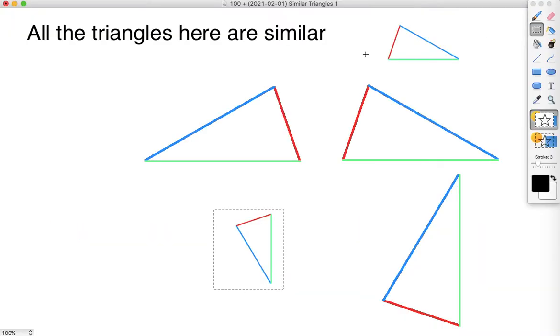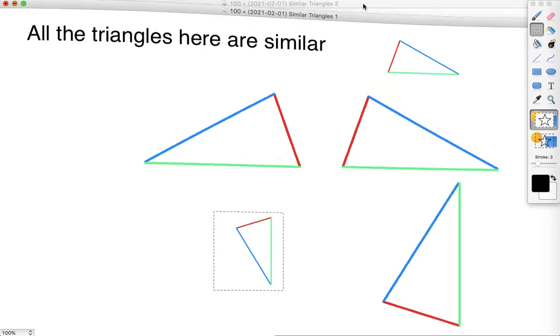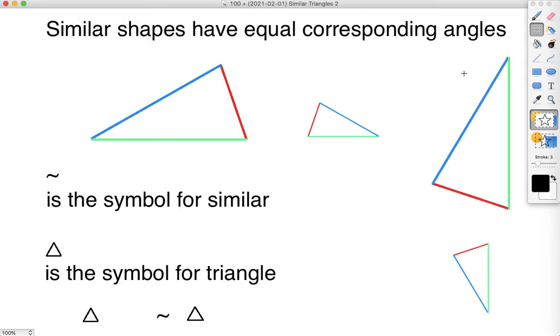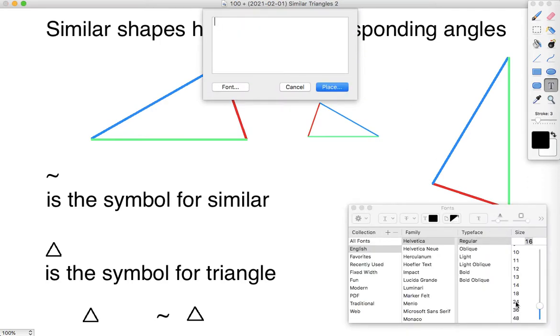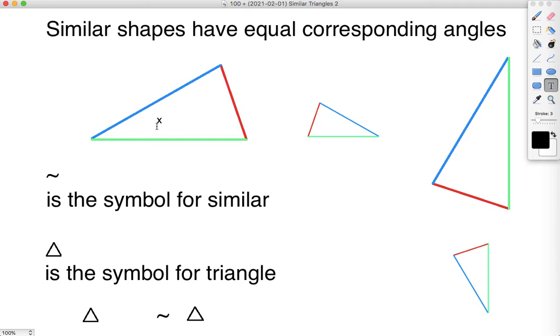So if we were looking here, let's look at these four triangles right here. Let's call this angle X. So this angle here, X. If you notice, all the other of these four triangles have a similar angle.